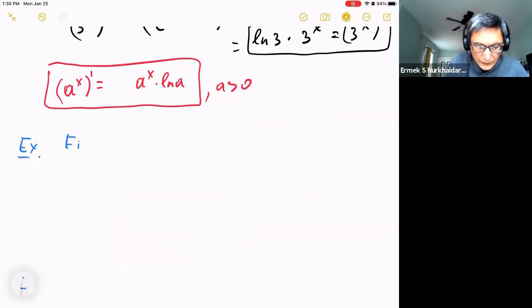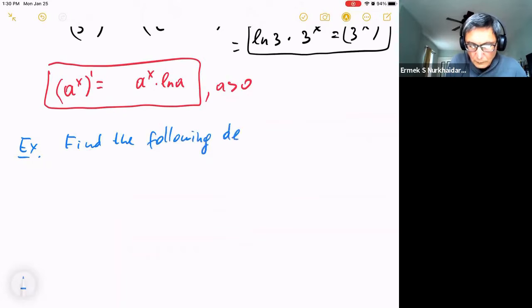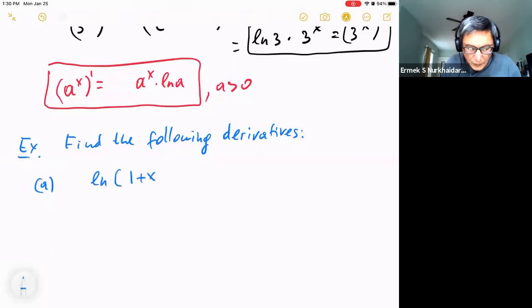Find the following derivatives. Say ln of 1 plus x squared. We want to take its derivative.